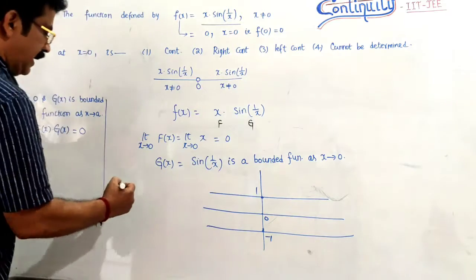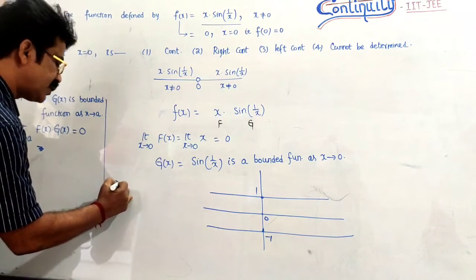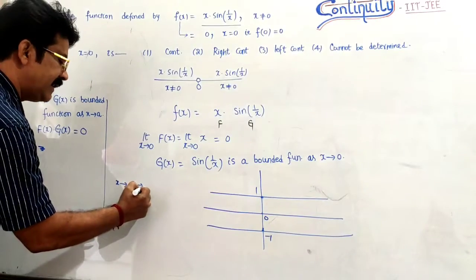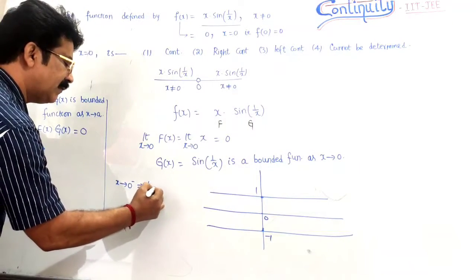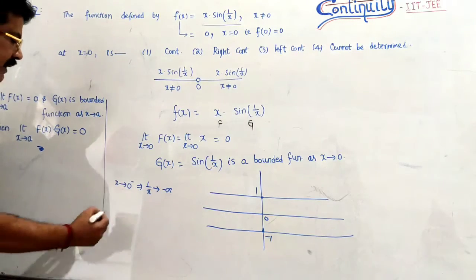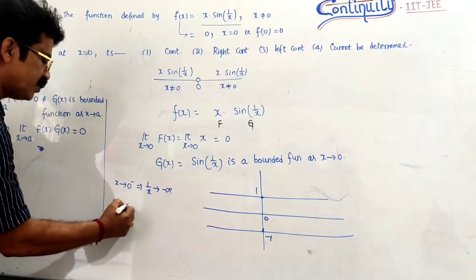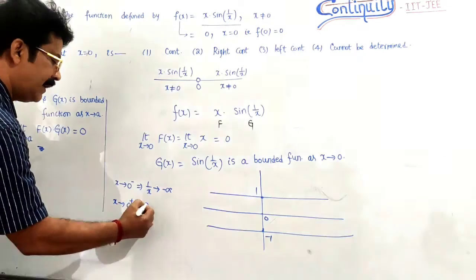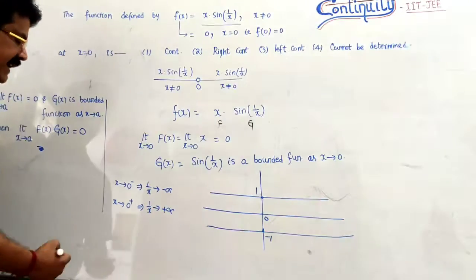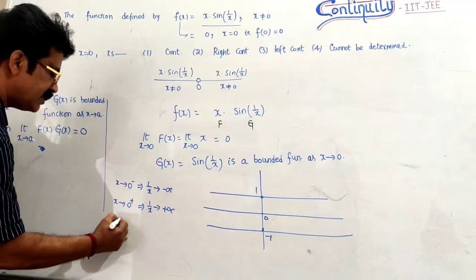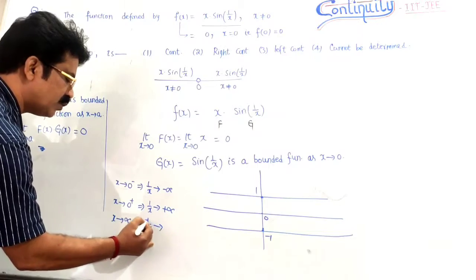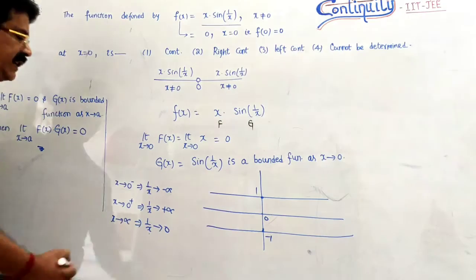As x tends to 0 minus, 1 by x will tend to 1 by 0 minus, which means minus infinity. Next, as x tends to 0 plus, 1 by x will tend to plus infinity. Next, as x tends to infinity, 1 by x will tend to 1 by infinity, which is 0.